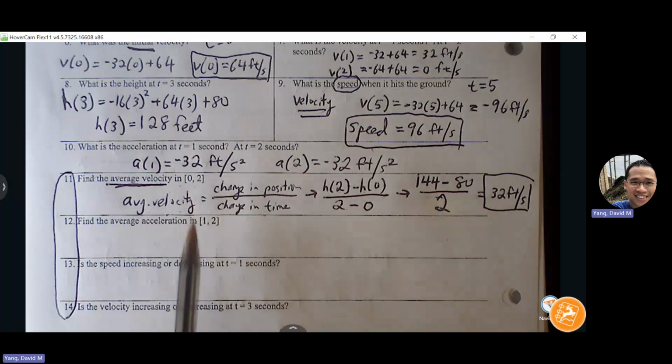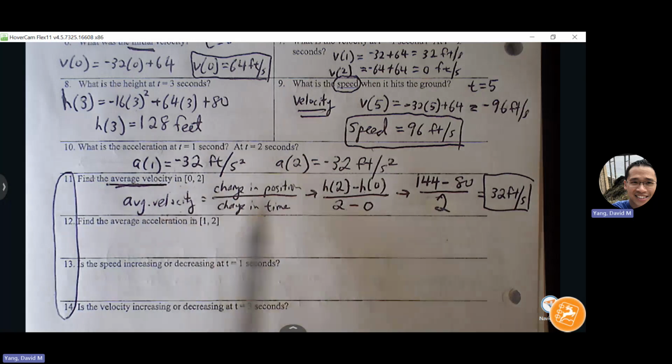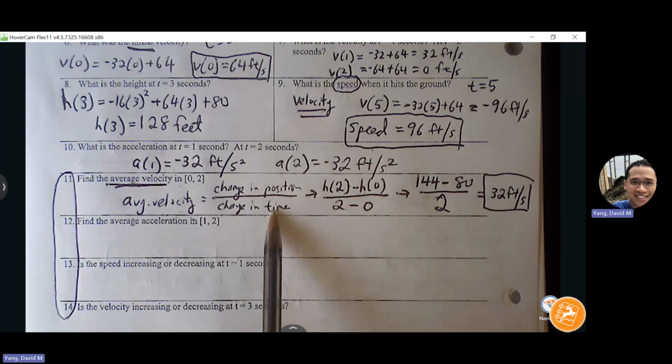Your average velocity for that trip is 60 miles per hour, even though you had no idea what the velocity was at any moment in time. All you knew was how much distance you covered and how much time it took. You divided it out and got your average speed, so that's why we can do average velocity without ever touching the velocity function. It's just the change in position over change in time.